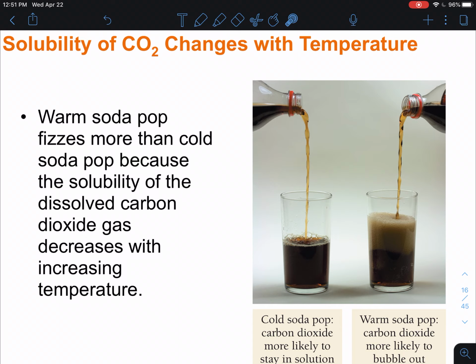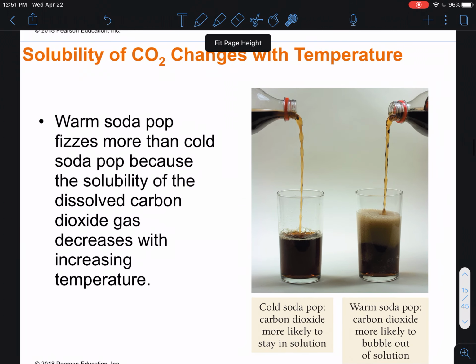And you can think about this intuitively, or a real world example is the soda, right? Cold soda, the carbon dioxide that is dissolved in the liquid is more likely to stay in solution. So cold soda stays carbonated for longer. If you have warm soda, the gases bubble out of solution.